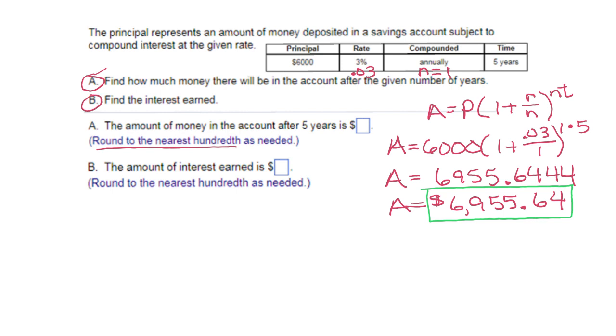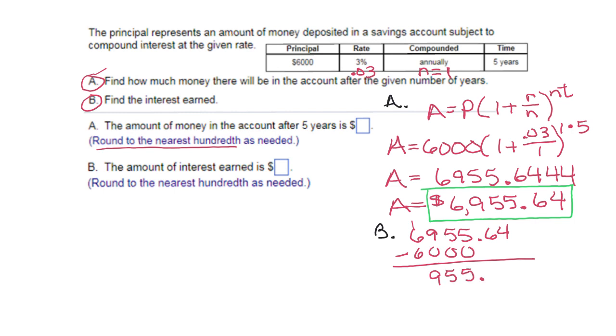Part B is asking me to find the interest amount. We mark this as A, and then we're going to do B. So the interest amount. So you know the future amount, and now you also know the principal amount. So we take the future amount and you subtract the amount that was put into the savings, the $6,000, and you're going to end up with $955.64.